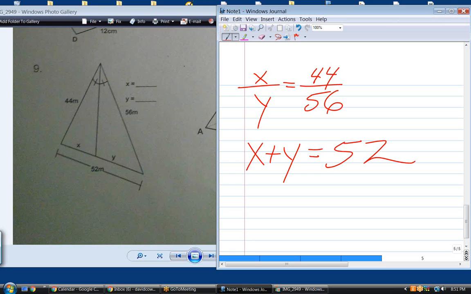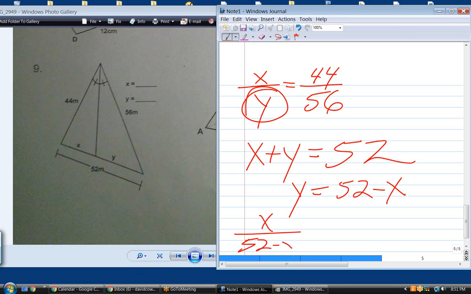Okay? And now we can solve this system of equations. If I want to solve for x, then I'm going to let y equal 52 minus x, and then I'm going to substitute that for that y right there. So I'm going to have x over 52 minus x equals 44 over 56. Now I have one variable only.